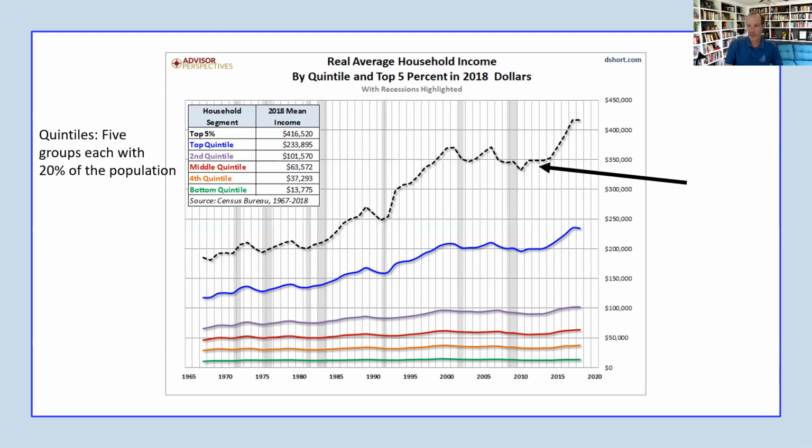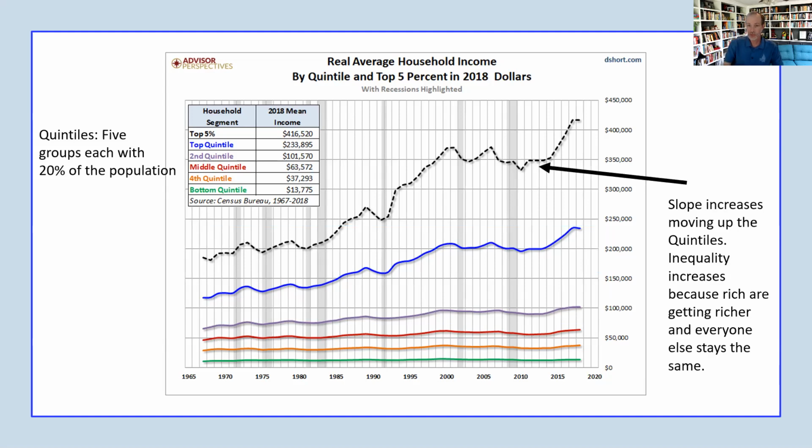Then finally, we can look at the top 5%, and that's really high, right? This is a smaller category, but with this top 5%, a couple things are happening. The slope really increased over time. So starting from 65, we're looking at, I don't know, $180,000. And then today, this is, I don't know, what is this, 410, 415, right?